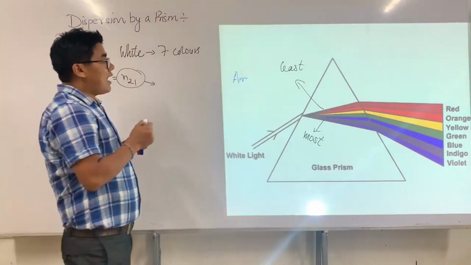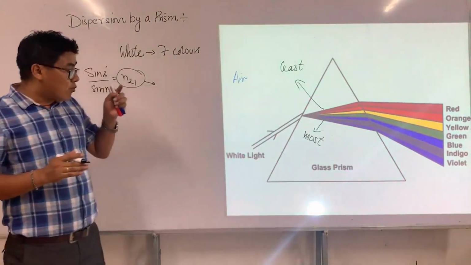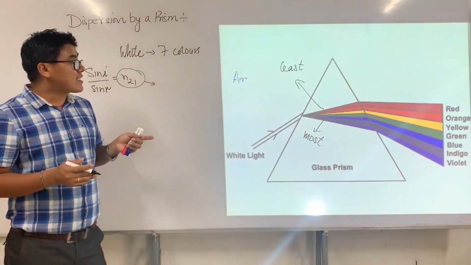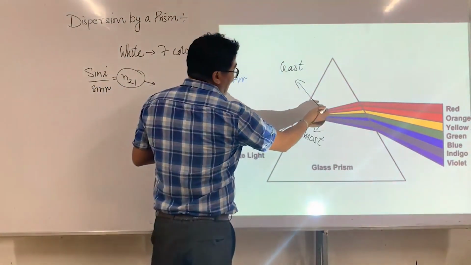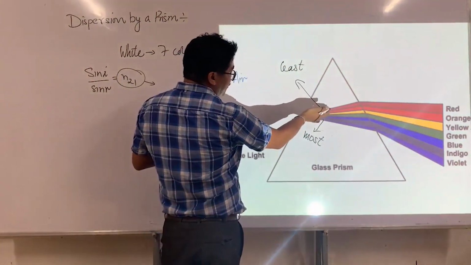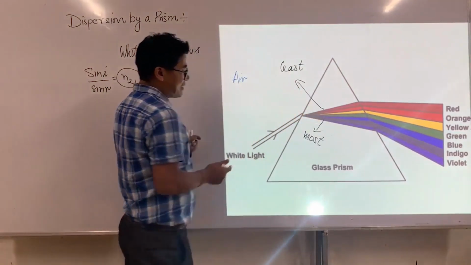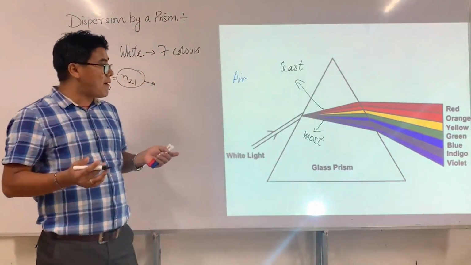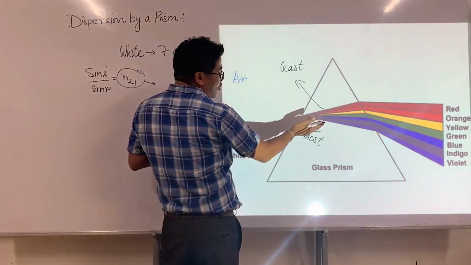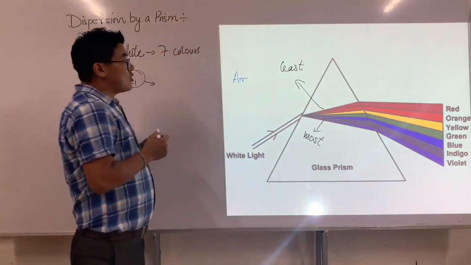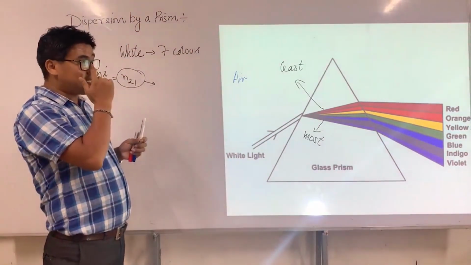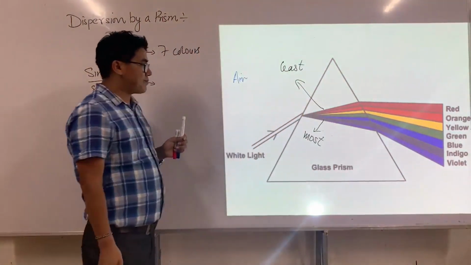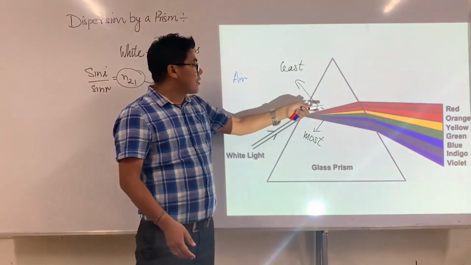When red light goes into a glass medium, the refractive index of red light is going to be the least, so the bending is going to be least. And the refractive index of violet is going to be maximum, therefore the bending is going to be maximum. This is the reason why light splits when it goes into a prism.